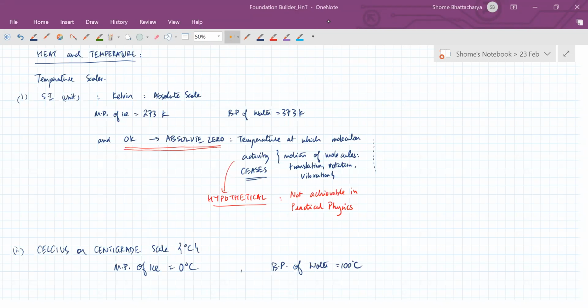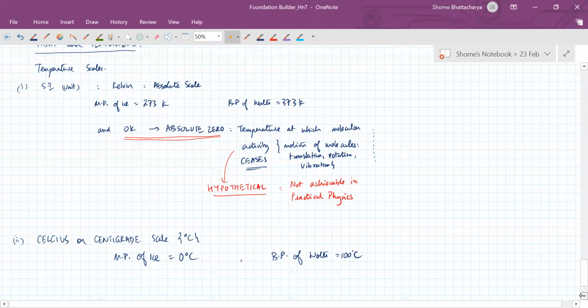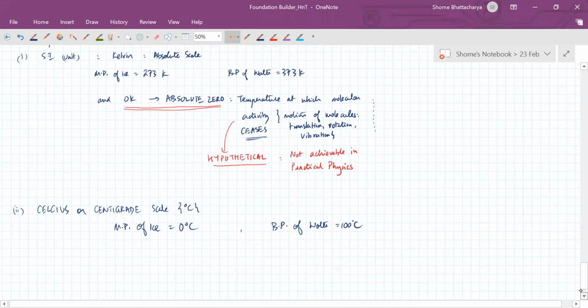Ceases to exist. Okay, Aditi. Ceases means ceases to exist. So no molecular activity. That's why it's a hypothetical temperature. It's a temperature that's only theoretically possible. In practical physics, we cannot achieve 0 Kelvin.